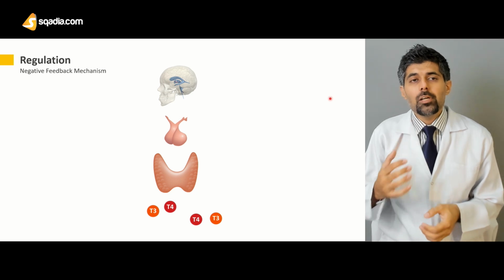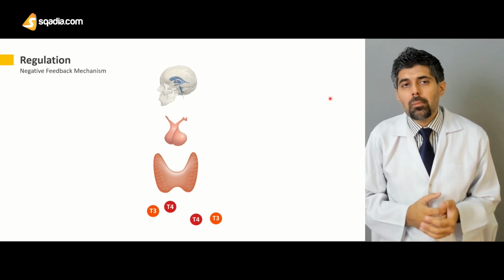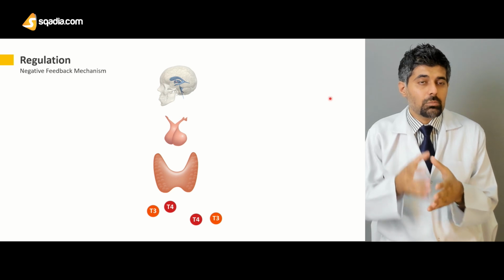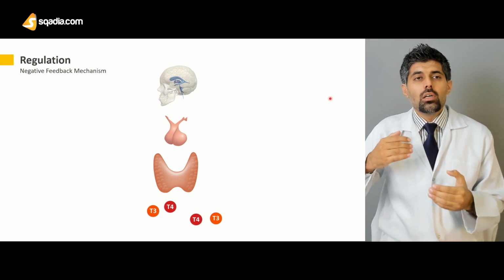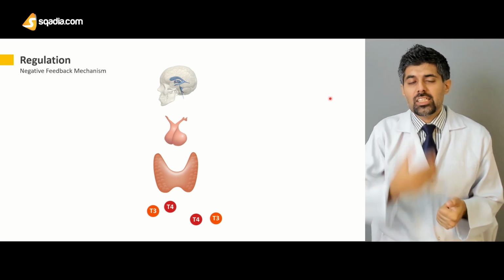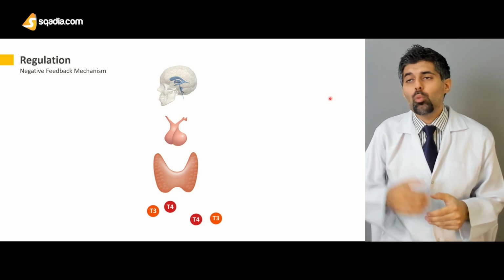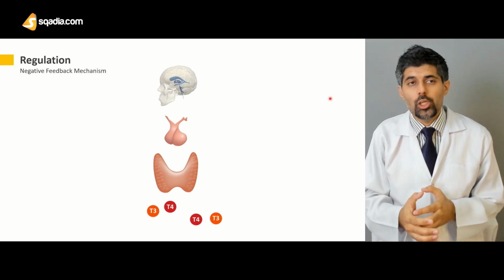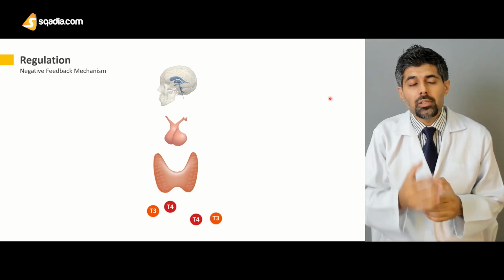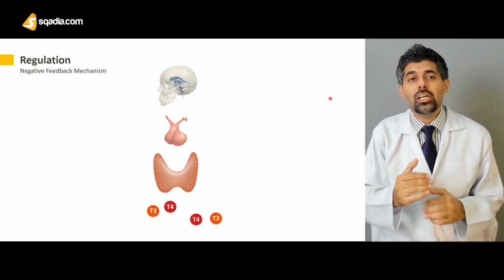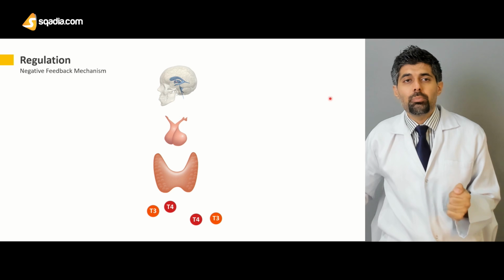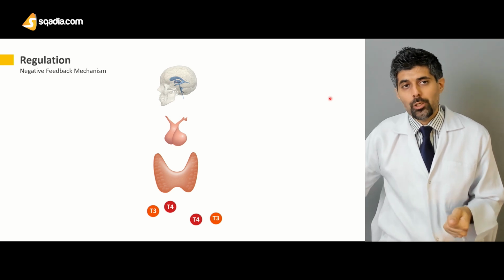Now, a negative feedback loop or negative feedback mechanism is the mechanism via which the synthesis or excretion of a certain hormone or a product or a molecule is hindered, lessened, or decreased by the excessive presence of another molecule.